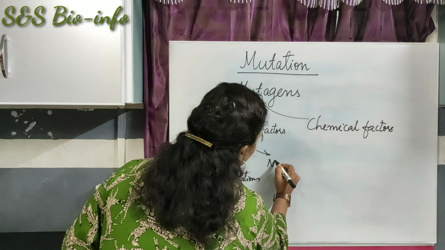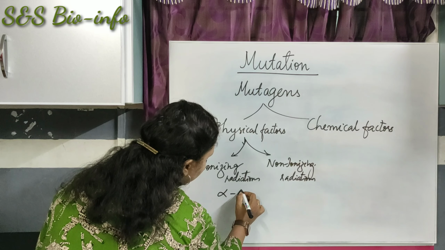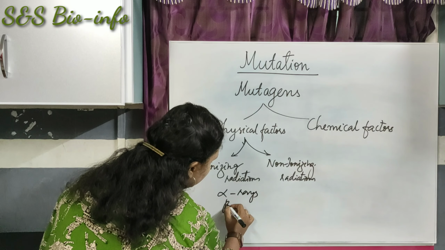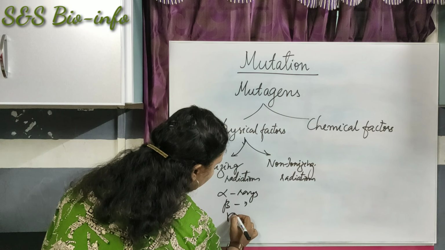The ionizing radiations are alpha rays, beta rays, gamma rays and X-rays. The non-ionizing radiations are UV rays, ultraviolet radiations.